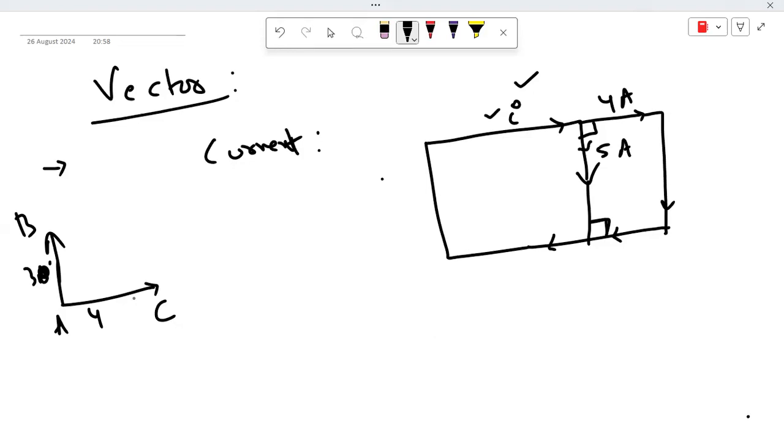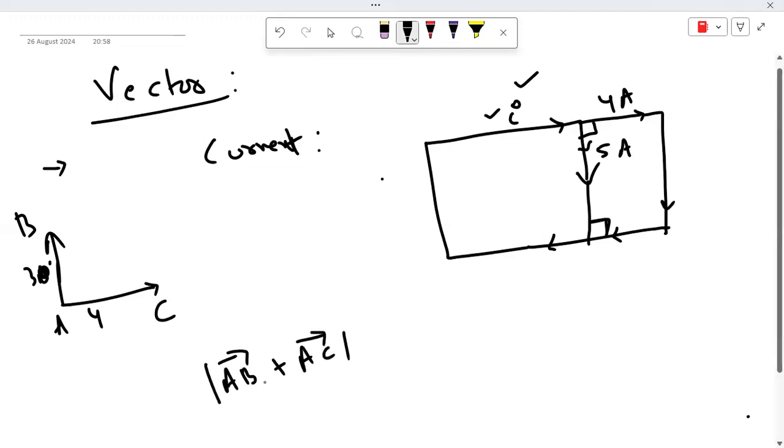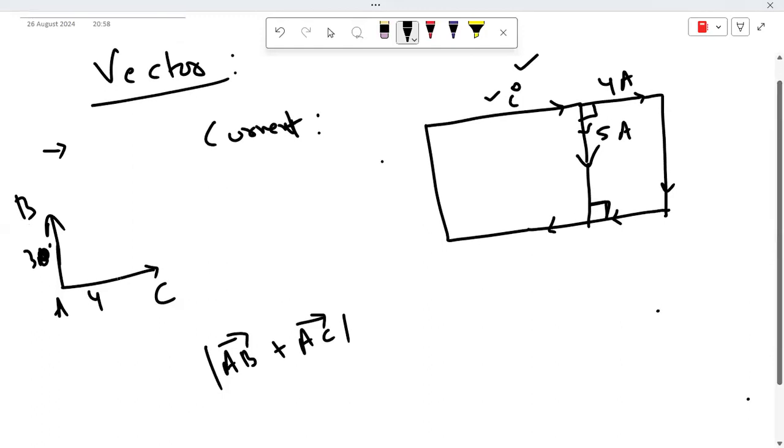Yes, find the magnitude of AB vector plus AC vector. The angle is 90 degrees between them. A cross B? A cross B. That is the answer.